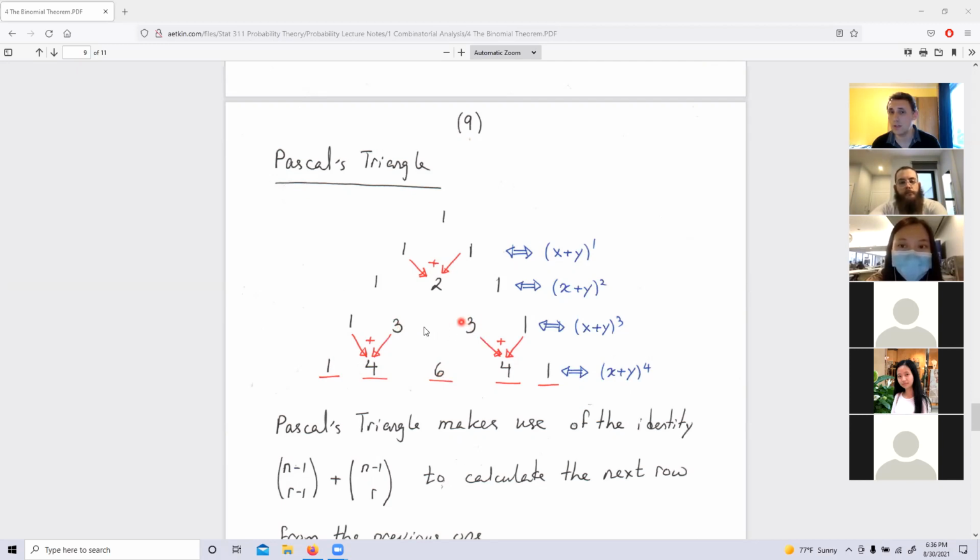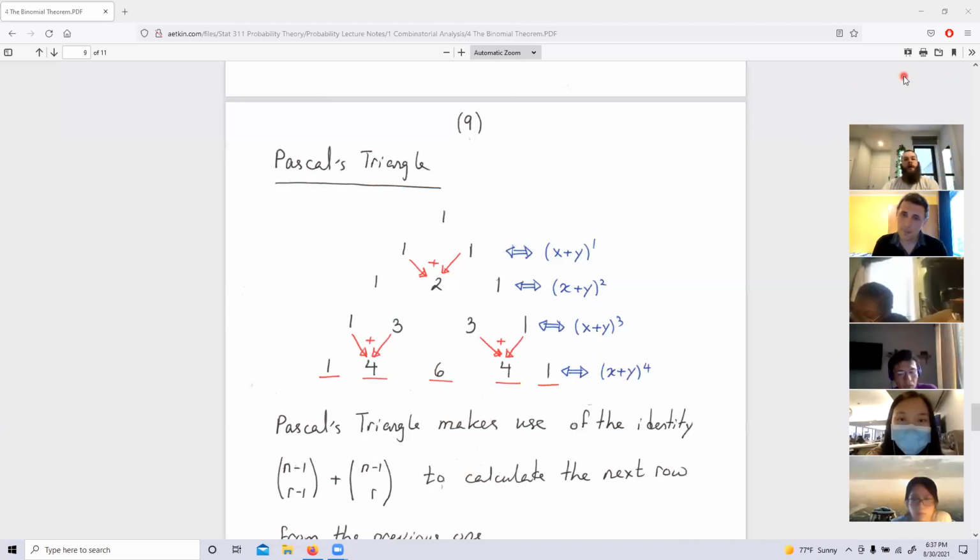So that's why the coefficient is the sum of those two above it. So you can just quickly fill in the triangle and obtain the coefficients. Any questions? We now understand why Pascal's triangle is the way it is, yes?